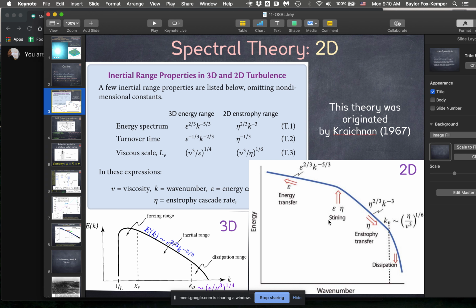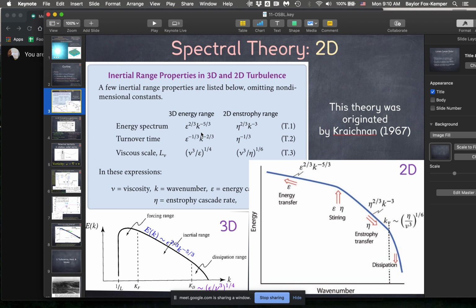But we talked through the fact that in 2-dimensional turbulence, there are actually 2 conserved invariants, energy and entropy, and we quickly saw how the energy was transferred to larger scales and entropy was transferred to smaller scales, and that there are 2 different cascades, an inverse energy cascade and a direct entropy cascade. If you inject energy and entropy at some intermediate wave number called the stirring wave number, then you would get dissipation of entropy at small scales and transfer of energy at large scales.